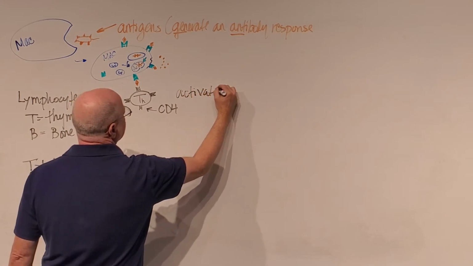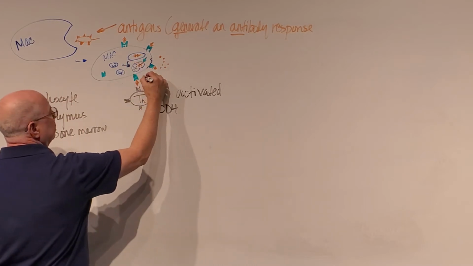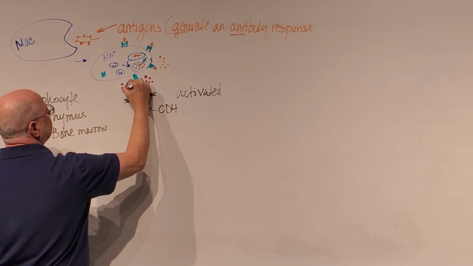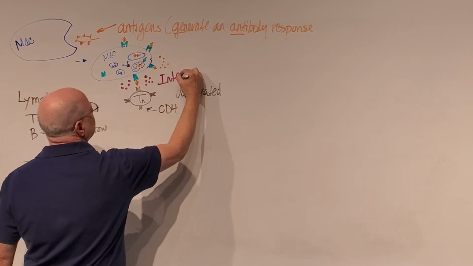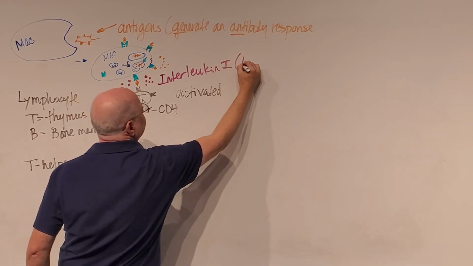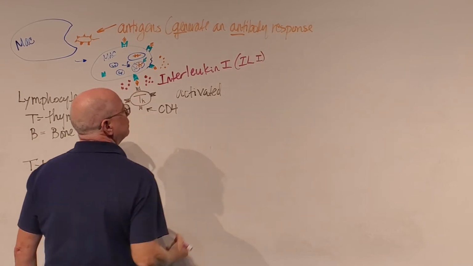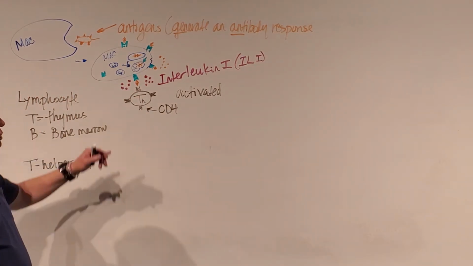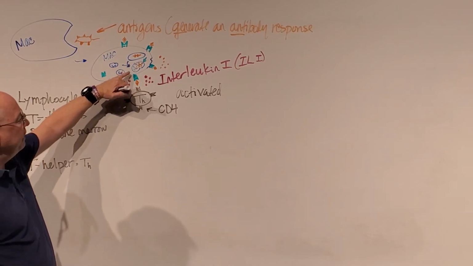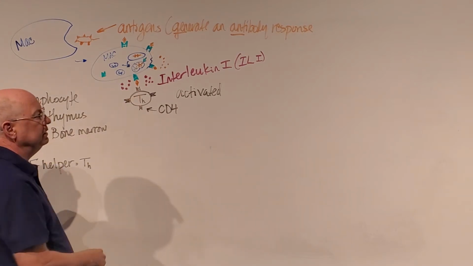And one of the things that happens in the activation is this macrophage can release a molecule called interleukin 1, and we will abbreviate it as IL-1 sometimes. Interleukin 1 is released by the macrophage, or a dendritic cell in some instances, and that will stimulate or activate this CD4 molecule as it's bound here.